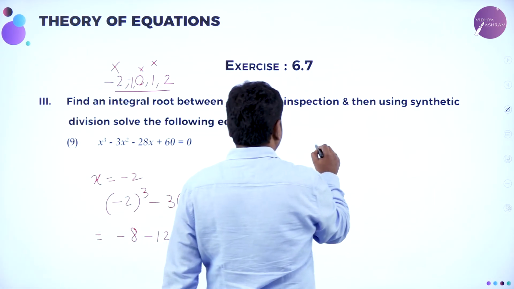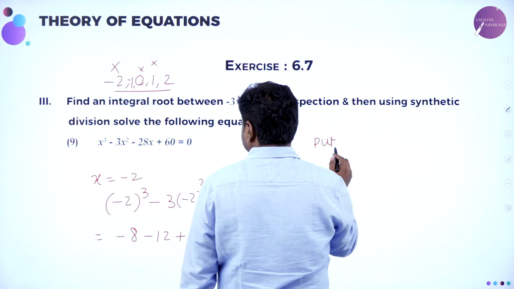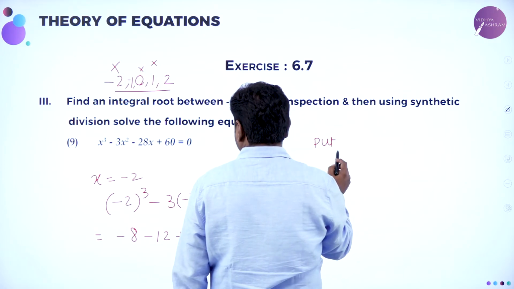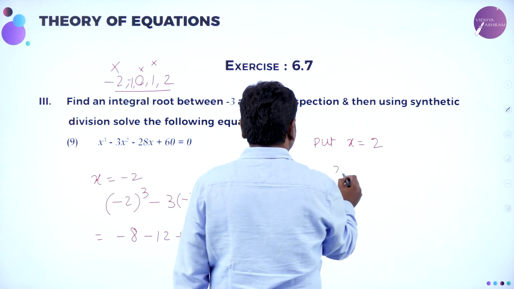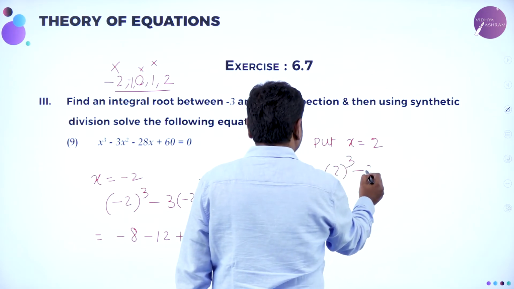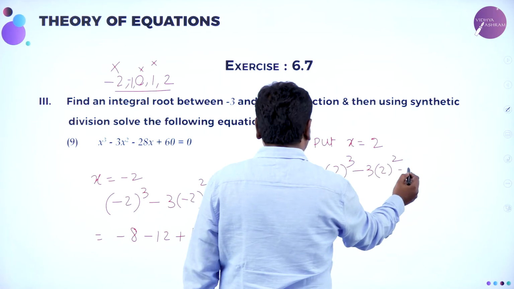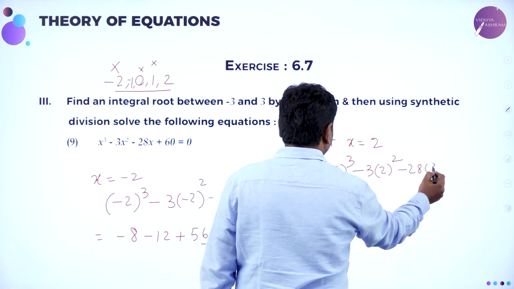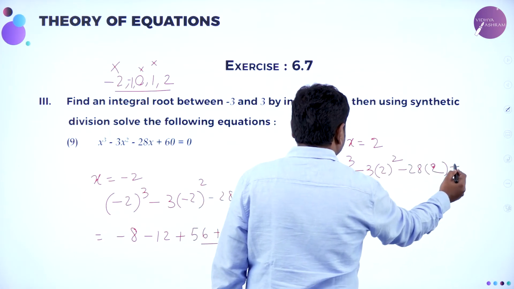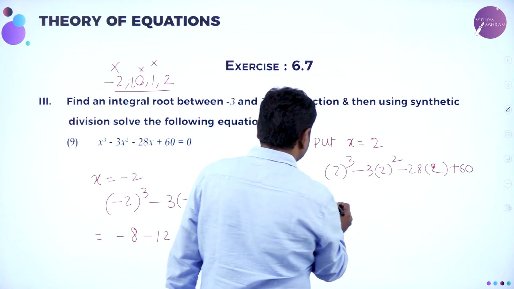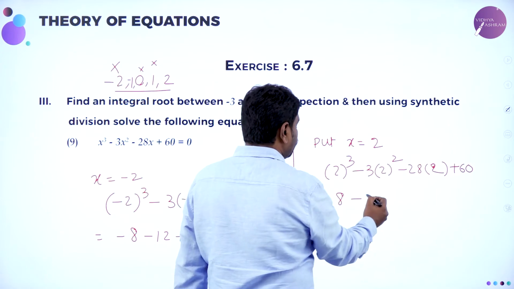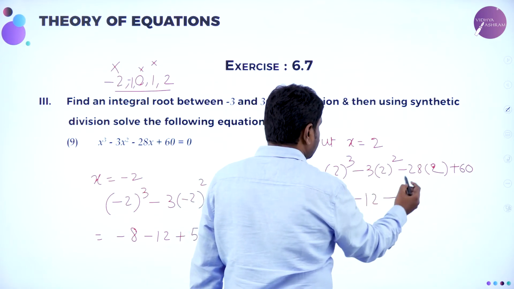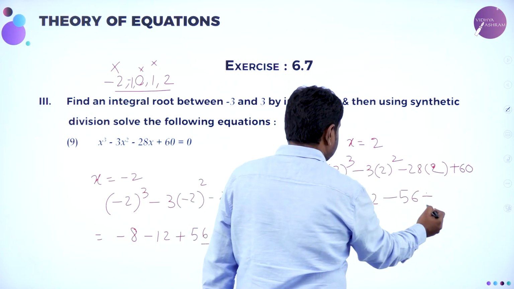Put x is equal to minus 1, that also fails. I will try with plus 2. Then I will go for 1 also if it fails. So 2 cube minus 3 into 2 square minus 28 into 2 plus 60. That is 2 cube, all of you know that is 8, minus 2 square is 4, 4 3s are 12, minus 56 plus 60.